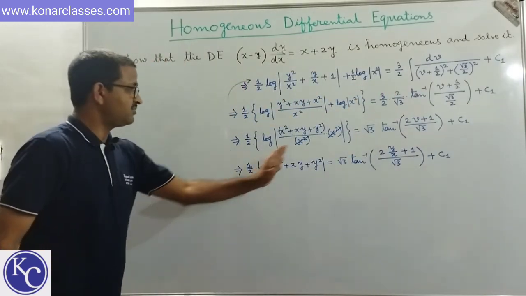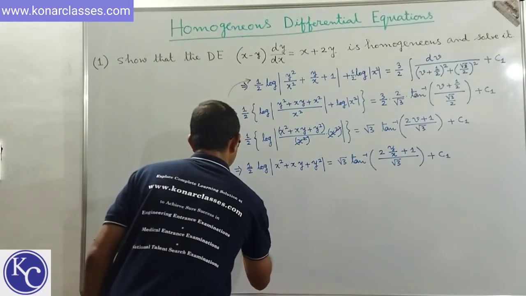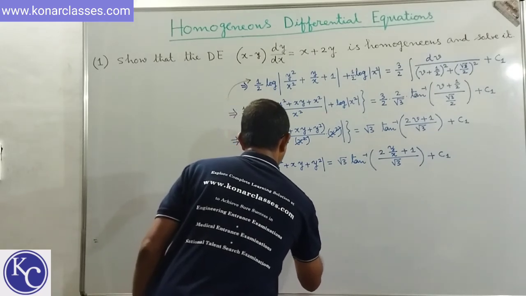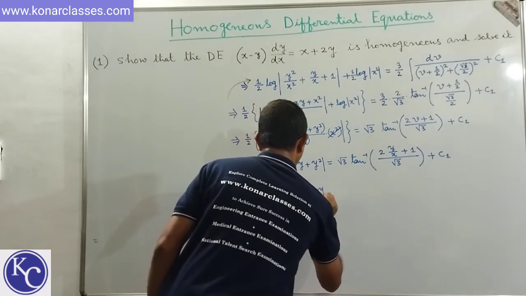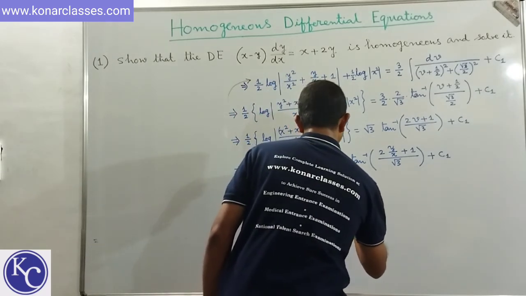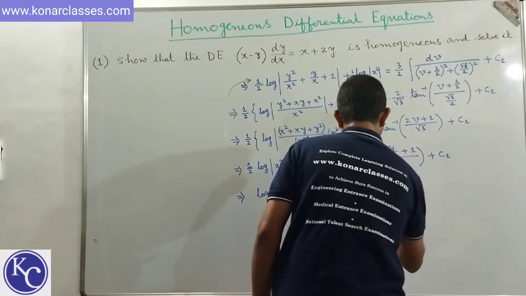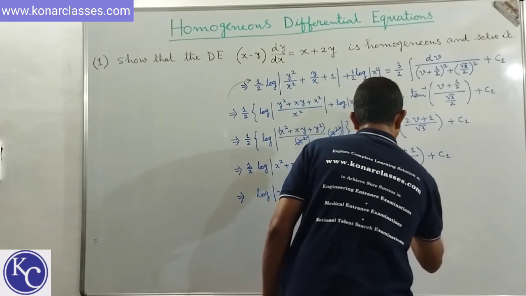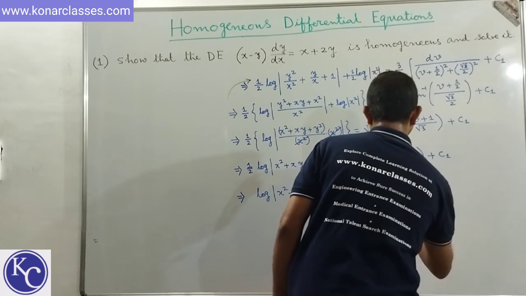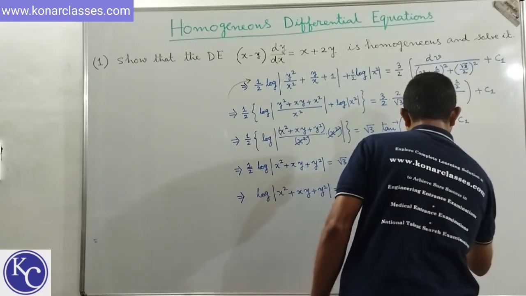Now let's multiply both sides by 2. Then this implies log of mod x square plus xy plus y square is equal to 2 into root 3 into tan inverse of 2y plus x divided by root 3 into x, plus 2 into c1.